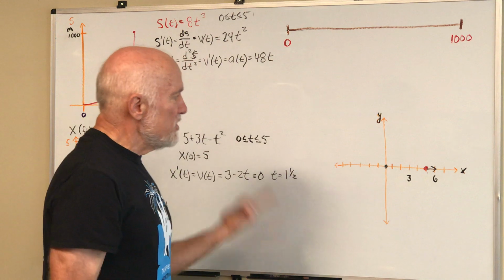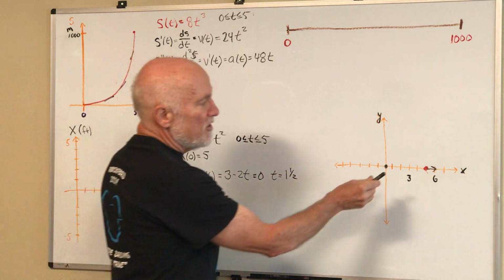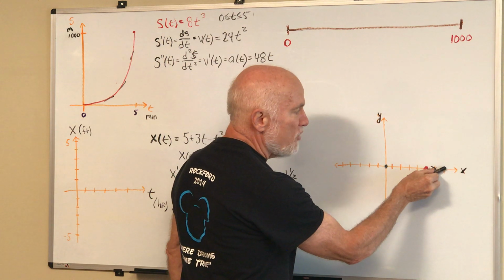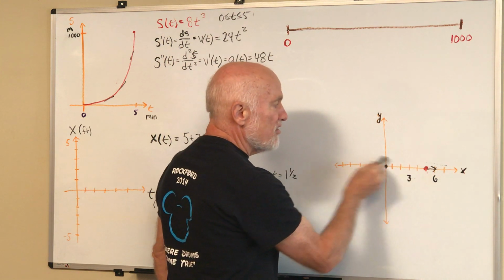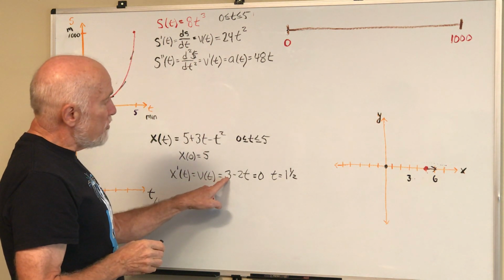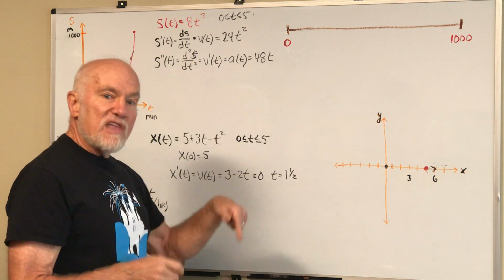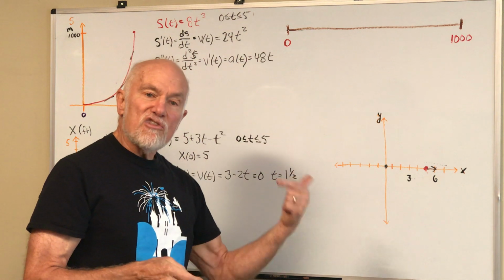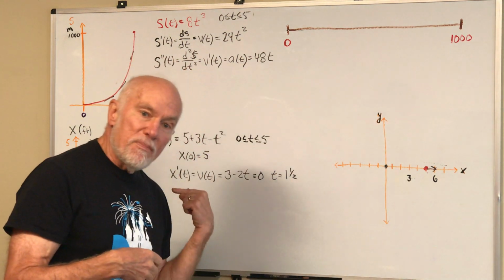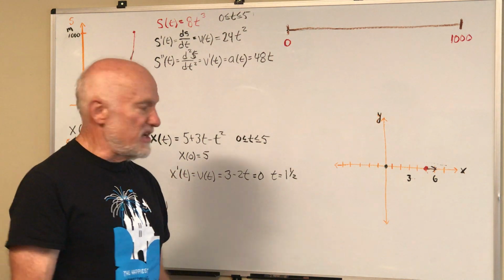So we can kind of predict what's going to happen. The turtle is going to move to the right for the first 1.5 hours, and then it's going to move to the left. And the velocity starts out at 3 and goes down to 0, and then starts getting more and more negative. So it should be speeding up in a negative direction.